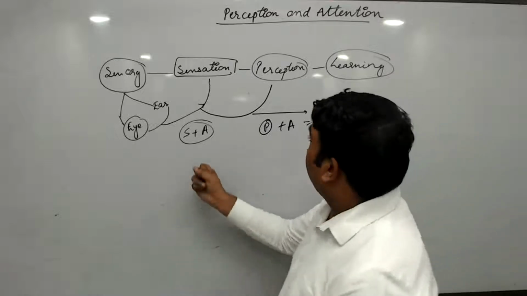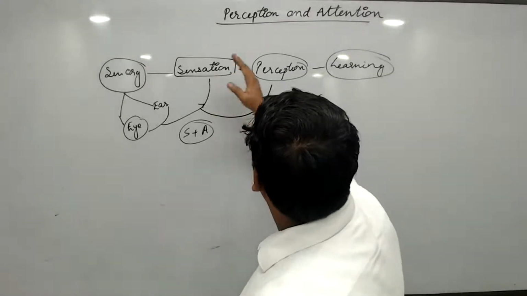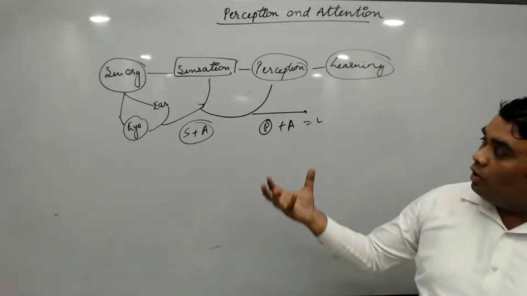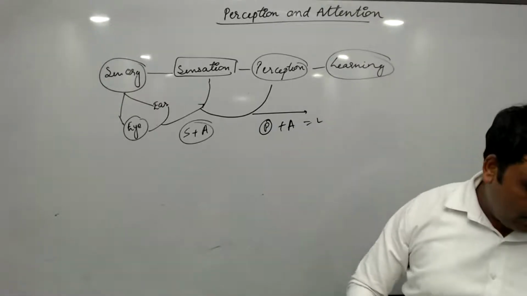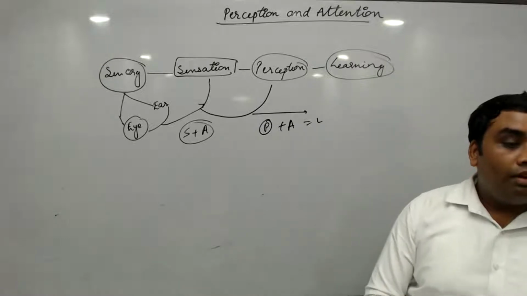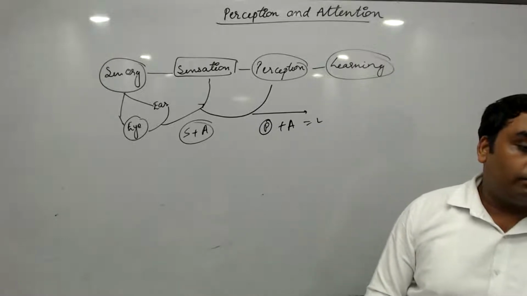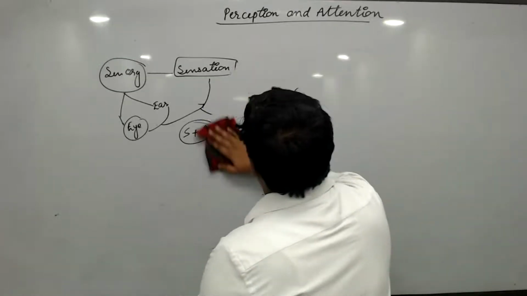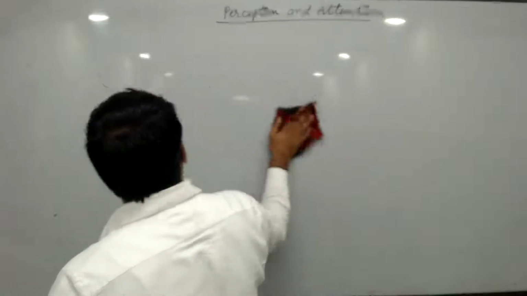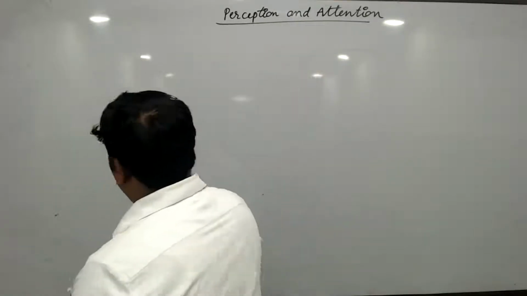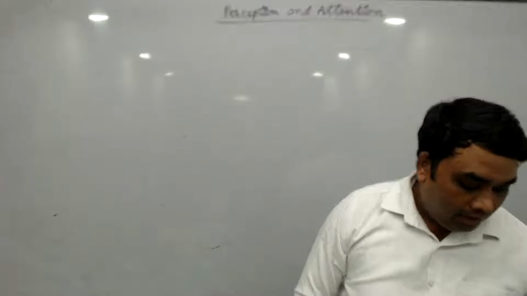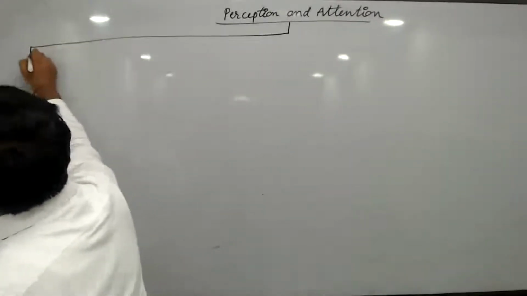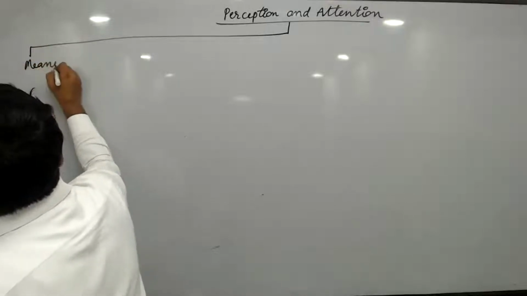So I want to say perception creates learning, because not all things in our perception will convert into it. So highest perception is important, highest sensation is important. Next, first is the meaning of perception.